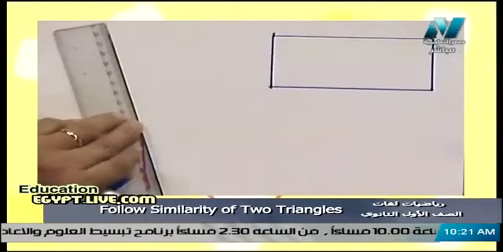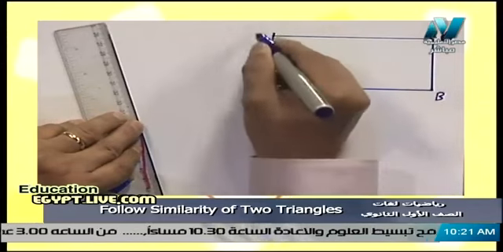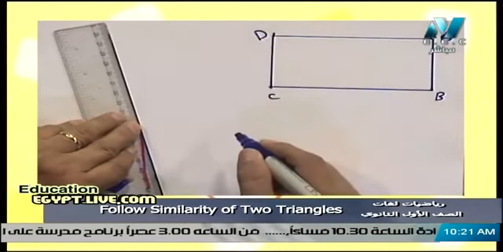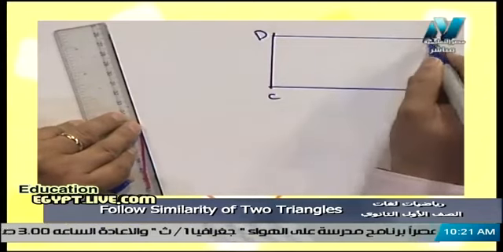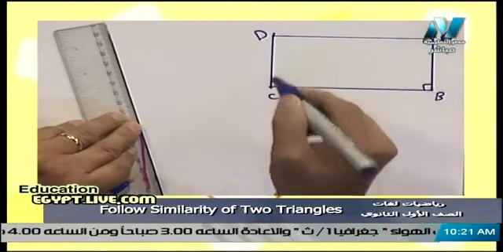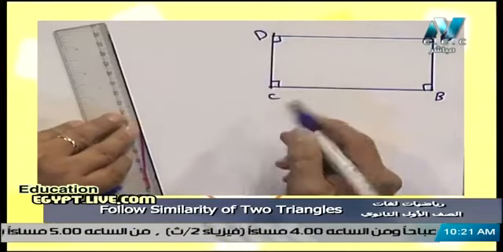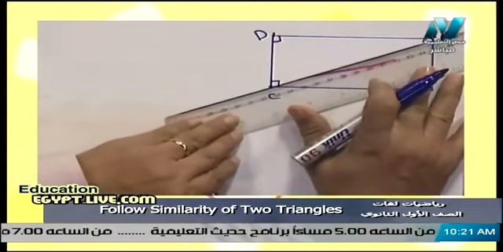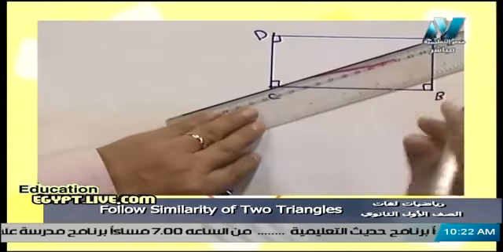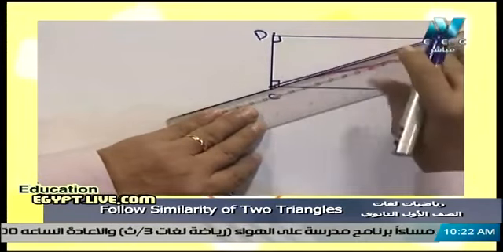We have a rectangle here, A, B, C, and D. We know about a rectangle that all angles are right, and each of them equals 90, of course. And let us join AC, the diagonal AC.